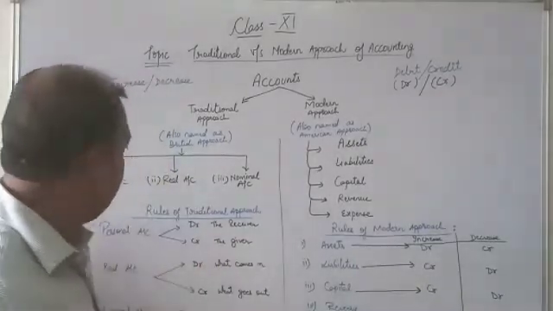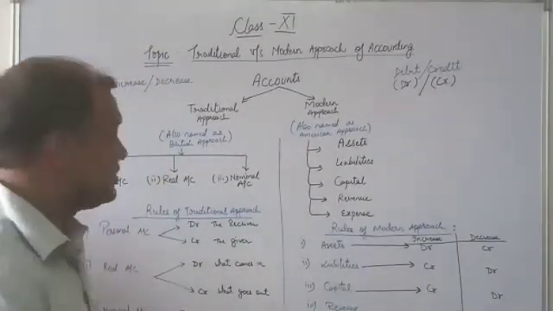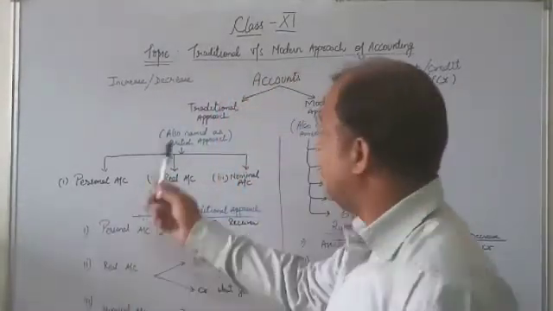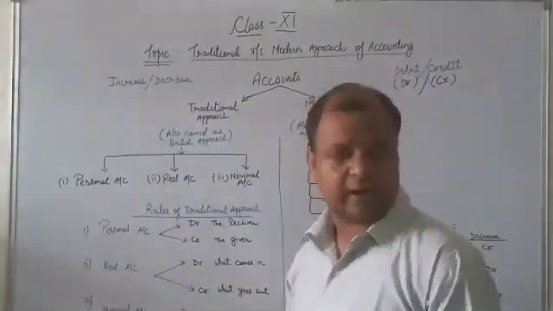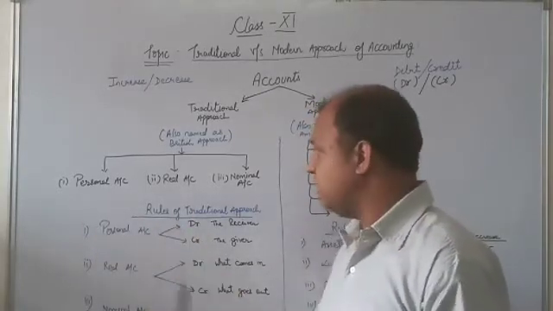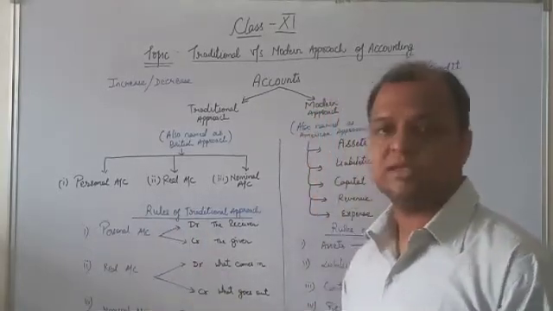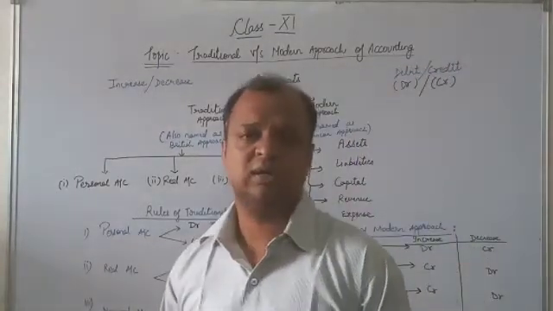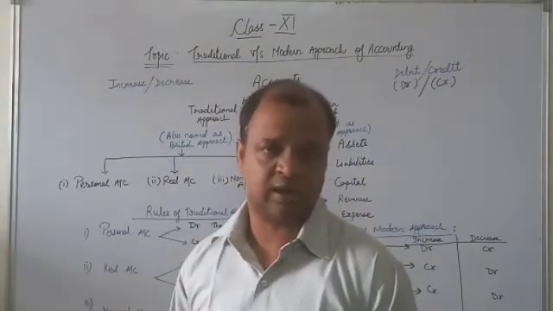Under traditional approach, we have studied earlier and noted that our accounts are classified into three categories named as personal account, real account, as well as nominal account. And I hope students you have studied these in my previous videos and lecture.